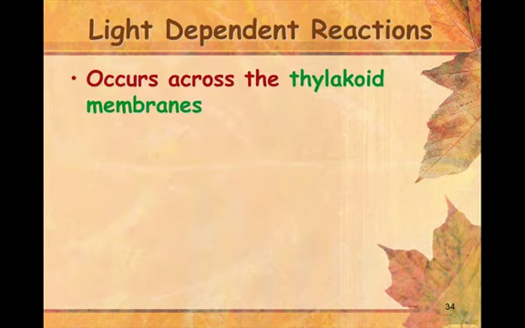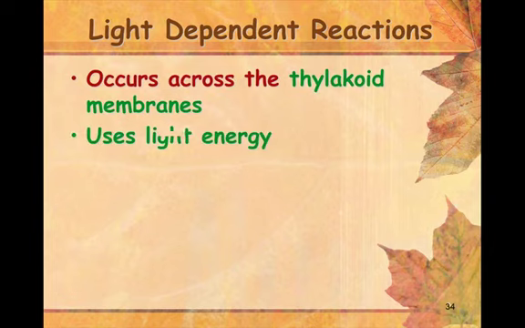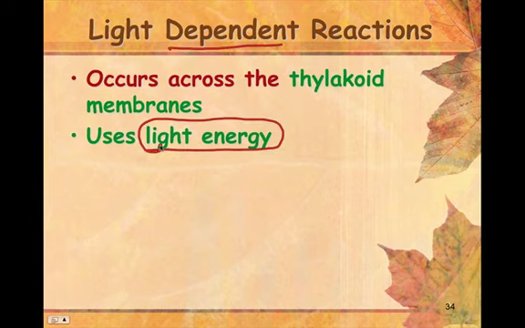The light reaction, or the light-dependent reaction, occurs across the thylakoid membrane. You'll recall that when we talk about dependent, it means it has to have light.